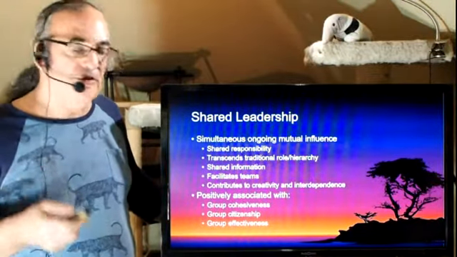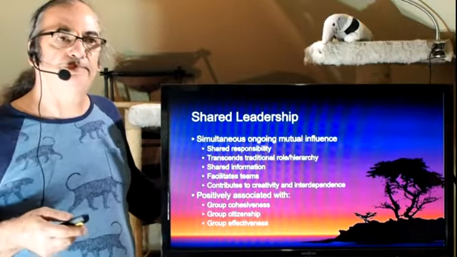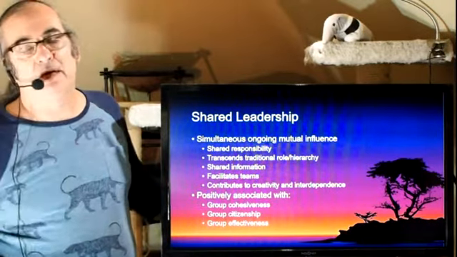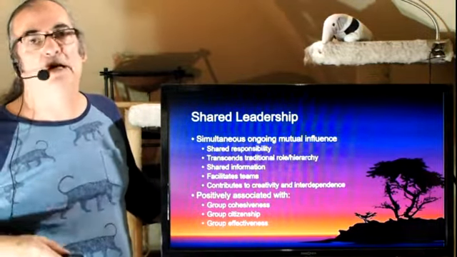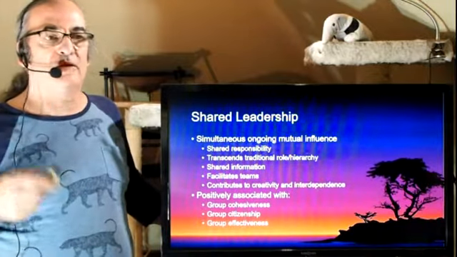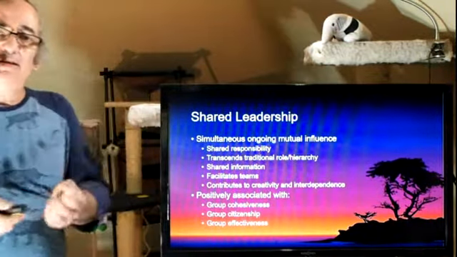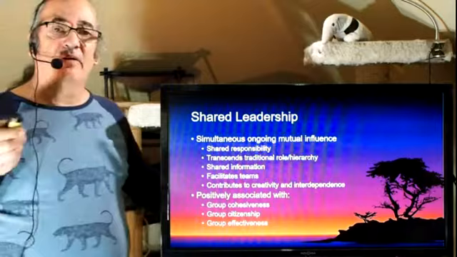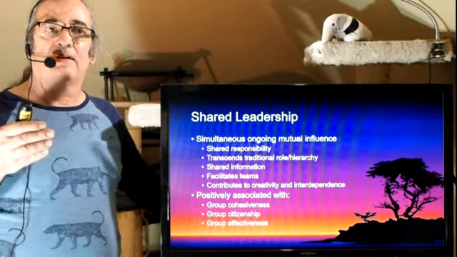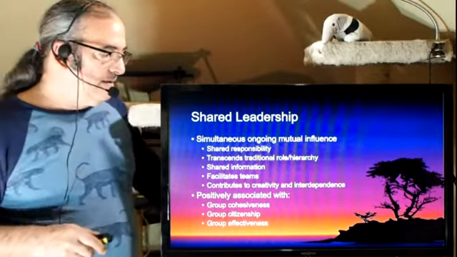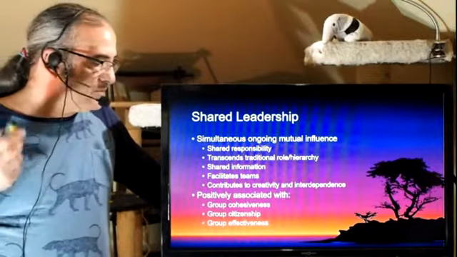We share information freely. We're all in crisis mode now because Box, Buckeye Box, is going away and will be replaced by something else. We're very concerned because that's where we share our information, and we hope that it's not made worse. Shared leadership also facilitates teams and the use of teams.